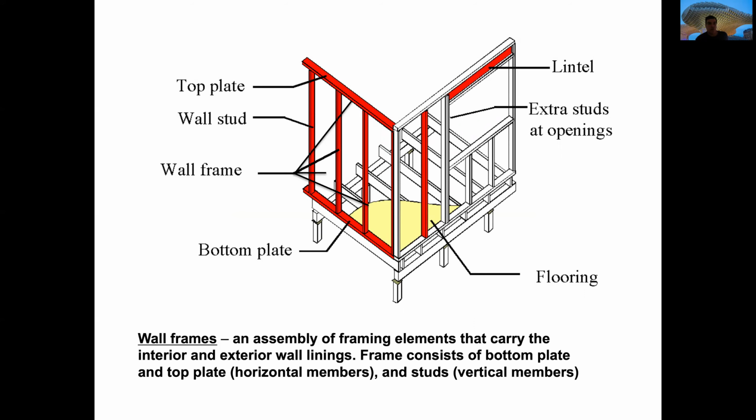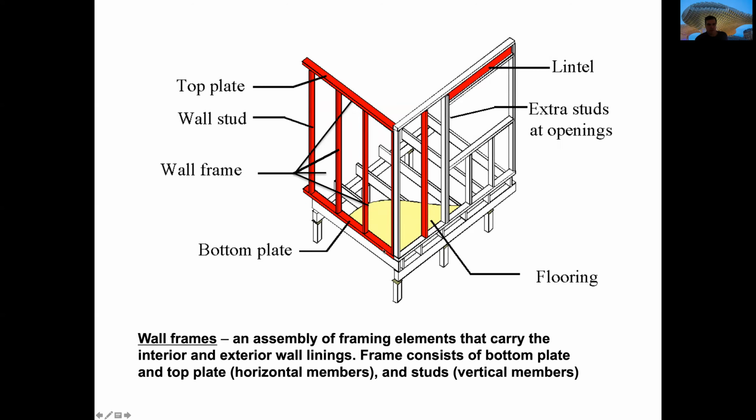When we speak about wall frame, we're speaking about the whole element that is the wall that is supporting the roof system and all the loads of the building in the different walls. This element is composed of 2 horizontal elements, in the superior part the top plate, and below the bottom plate.